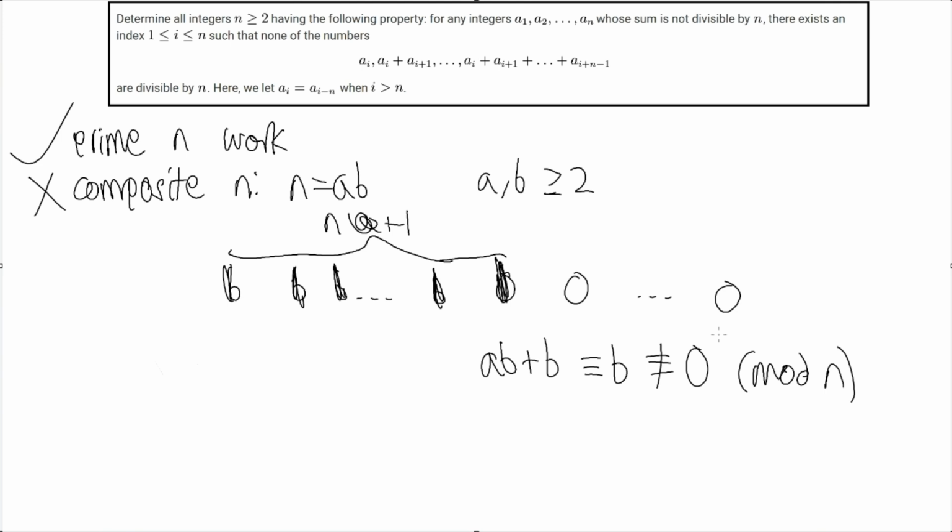Meaning that we could just continue going around the circle until we hit a fixed point, or get back to where we started. And we proved that we could get back to where we started by using the pigeonhole principle. And when we get back to where we started, that's where we finally use the part of the problem that we didn't consider yet, namely this part here, where the sum is not divisible by n.